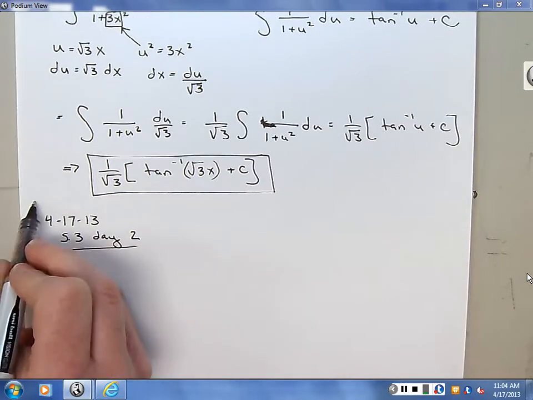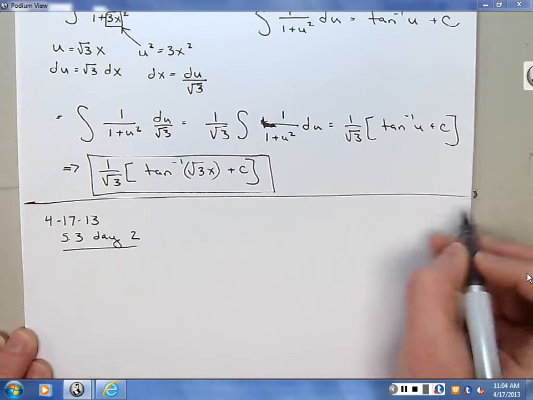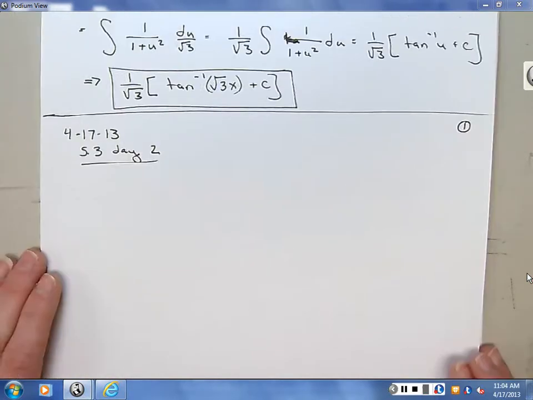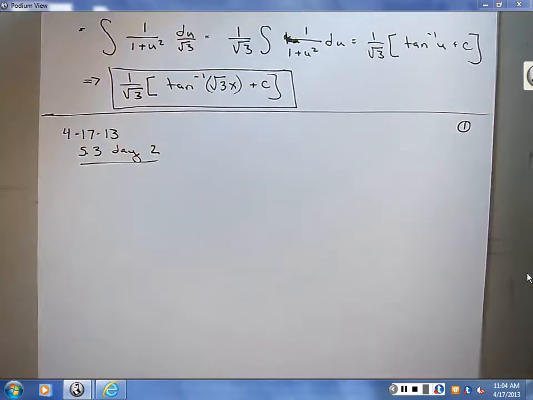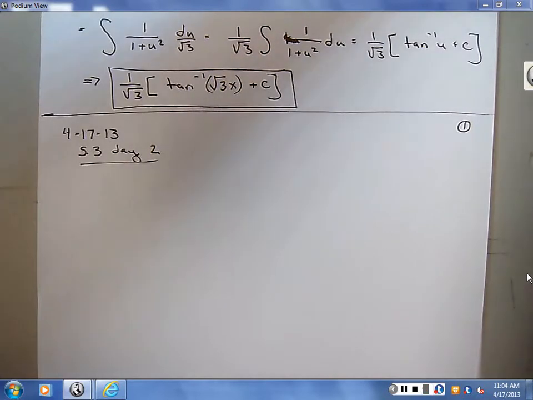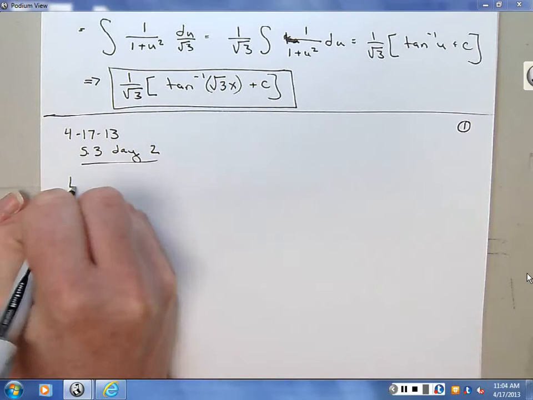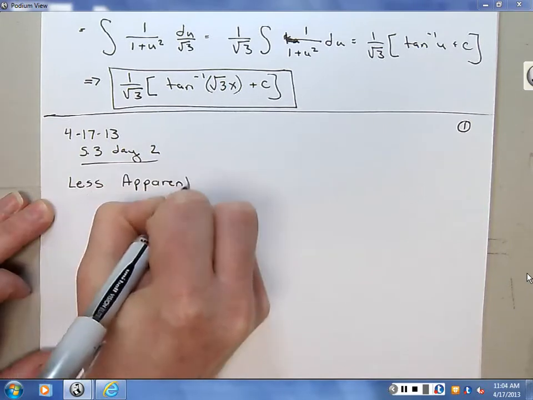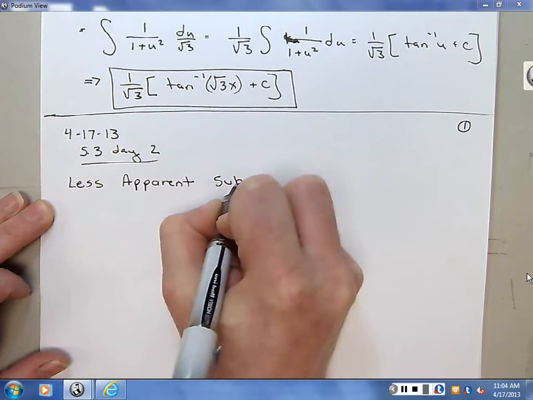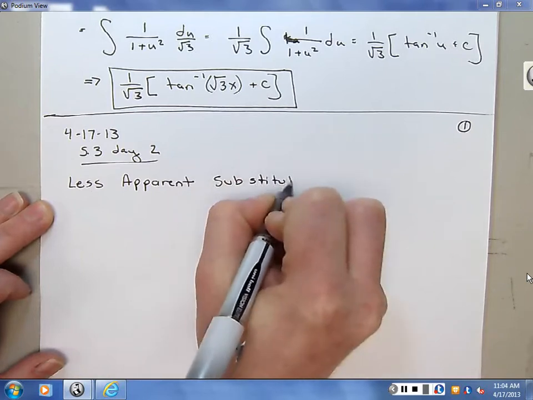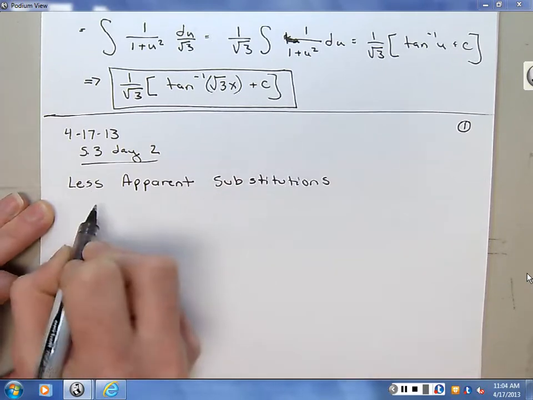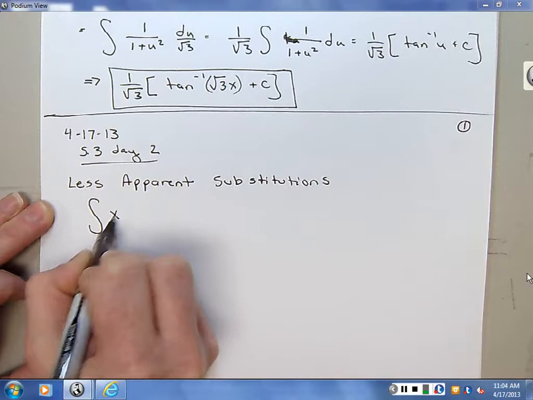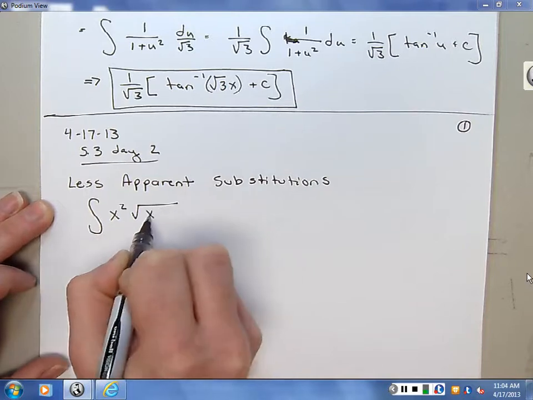So I'm going to scan this in. This will be the new page 1. So I want to start off with some less apparent substitutions. The integral of x squared times the square root of x minus 1 dx.